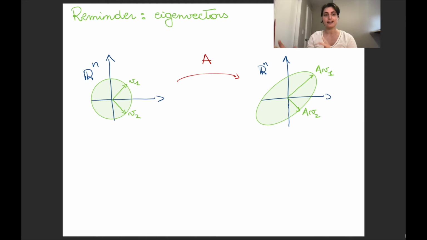Let's have a sidestep and remind ourselves about eigenvalues and eigenvectors. If you're taking a transformation, a matrix that goes from Rn to Rn, an eigenvector is such that A only stretches or squeezes it, but keeps it in the same direction.